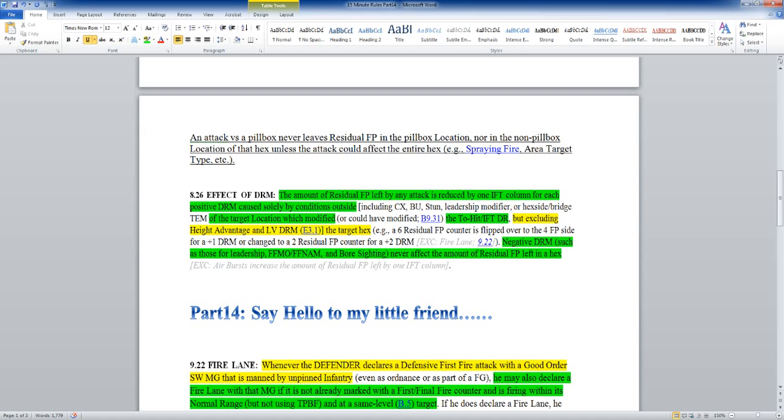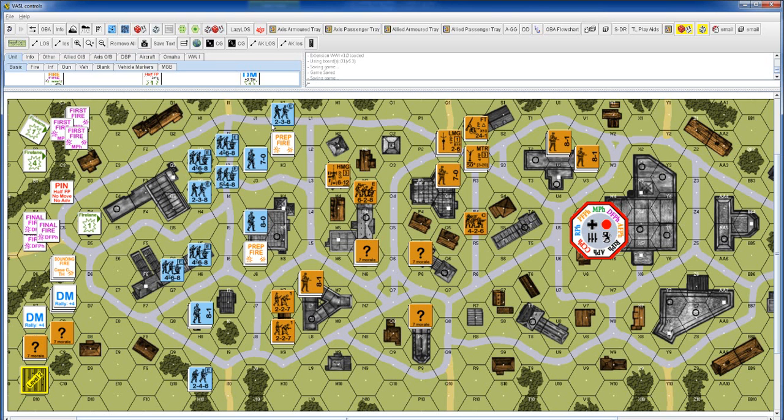So what's going to happen here is, if we look at this heavy machine gun, let's look at our squad first. This squad is a 6 firepower. We're going to assume that it's going to use its firepower. Let's move it up here and give you an example.